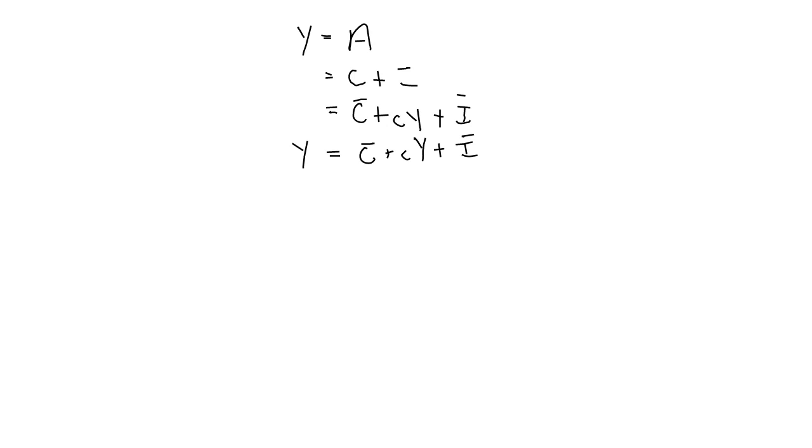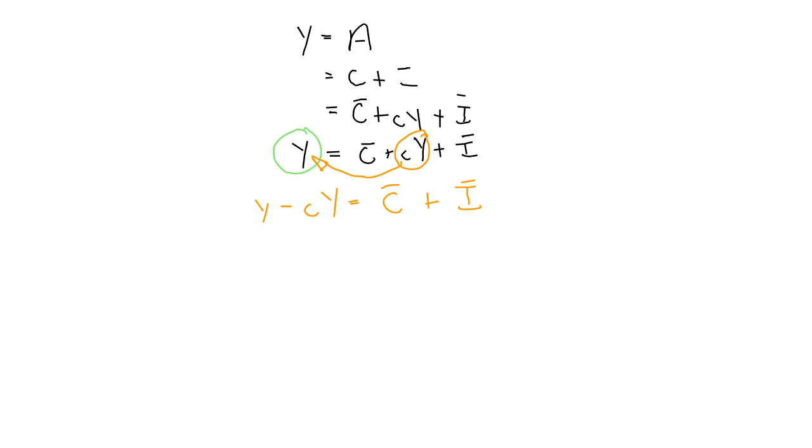We want to isolate Y. So as a result, the next step is to take your CY and subtract it from your right side and from your left side. So therefore, the equation will then read Y minus CY is equal to autonomous consumption plus autonomous investment.